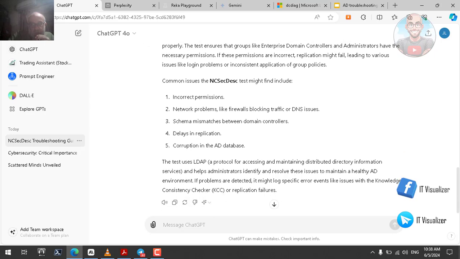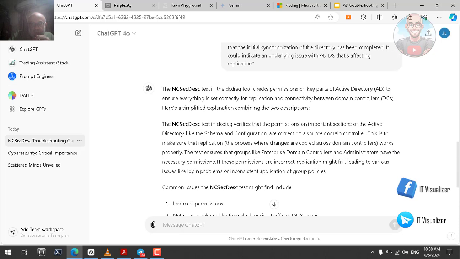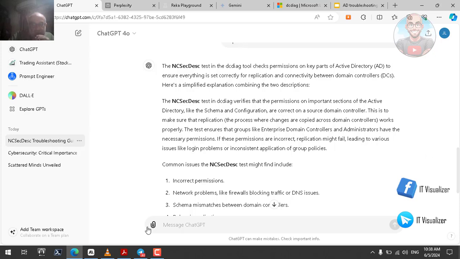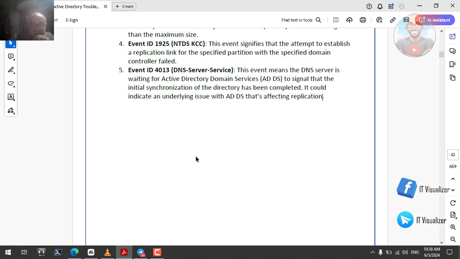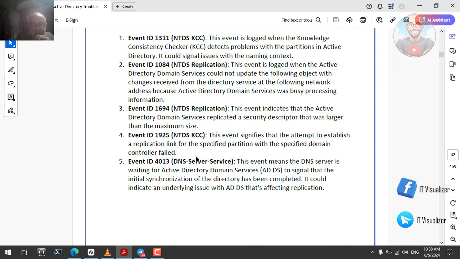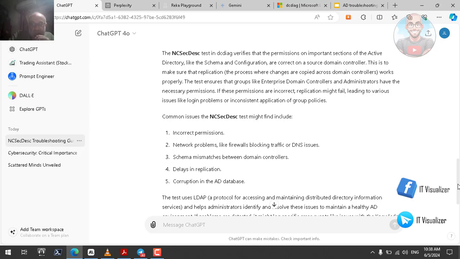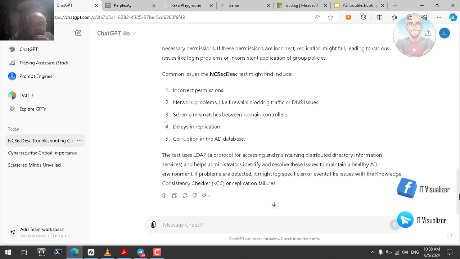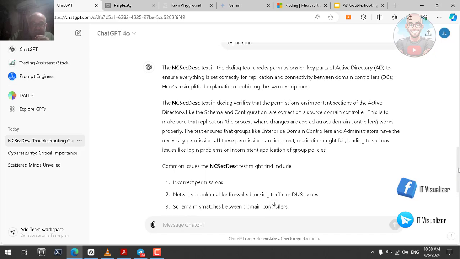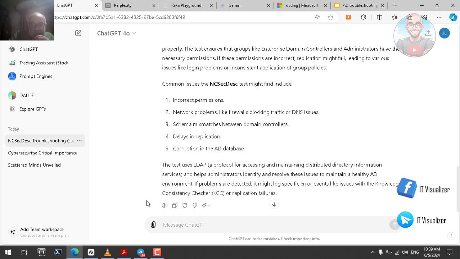Okay, that's perfect, but he didn't give us, okay, let's read the answer, because Mr. Lobandalpour has stated that there are some event error IDs that will be recorded in the event viewer if this test fails. So let's see first the answer, read it loudly, and then we can query ChatGPT 4o to give us the errors or event IDs if this test fails. Just wait for a moment and let's read it.